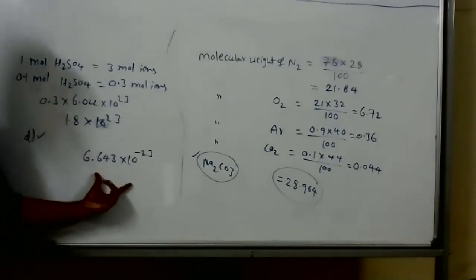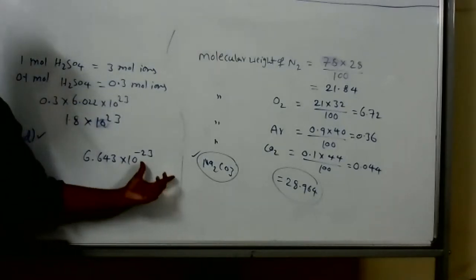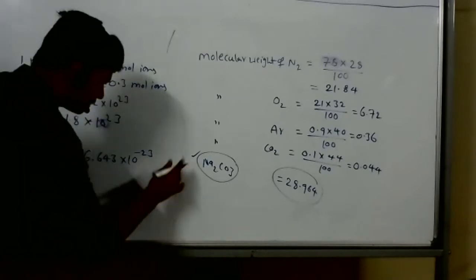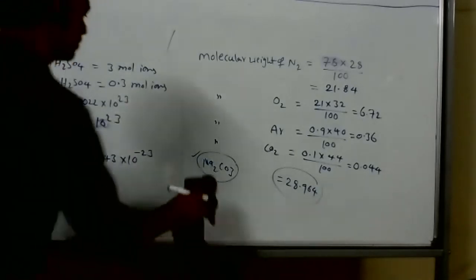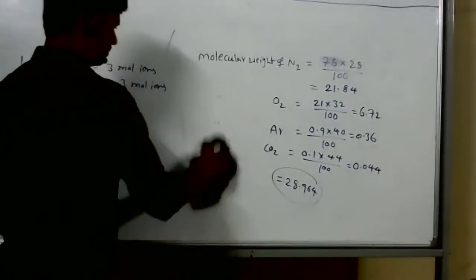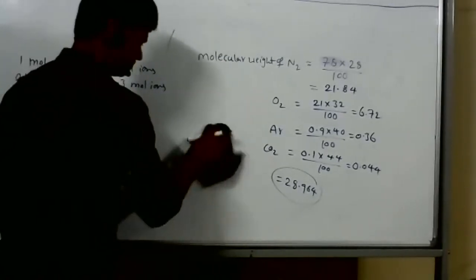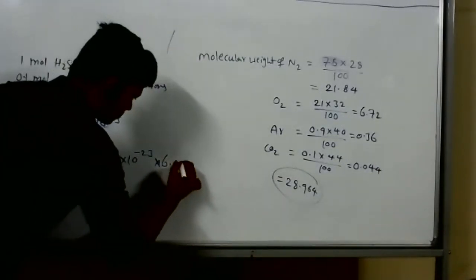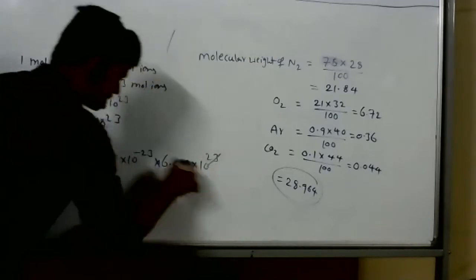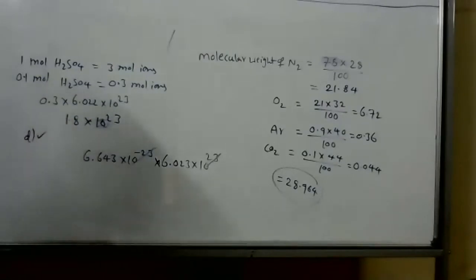If you multiply this with Avogadro number, 6.022 into 10 power 23, we get the molar mass of the atom. The powers cancel, and 6.643 into 6.022 gives 40.